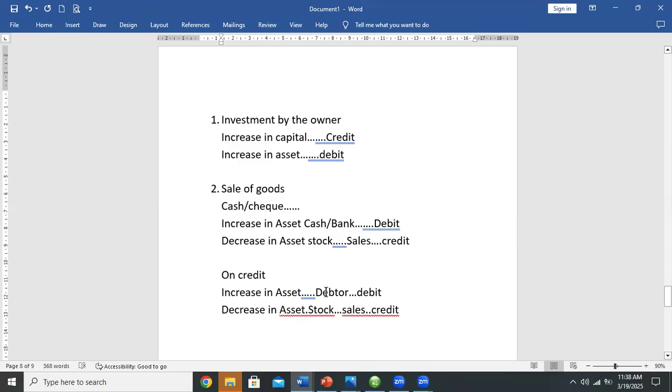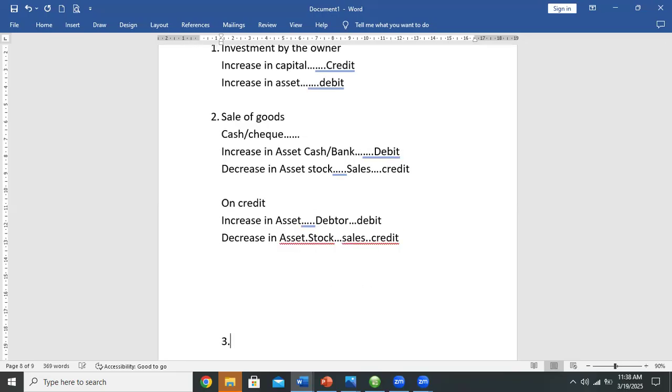Great. Finally, the third one is the purchase of goods. This time the business is buying goods. But let me copy these things here.